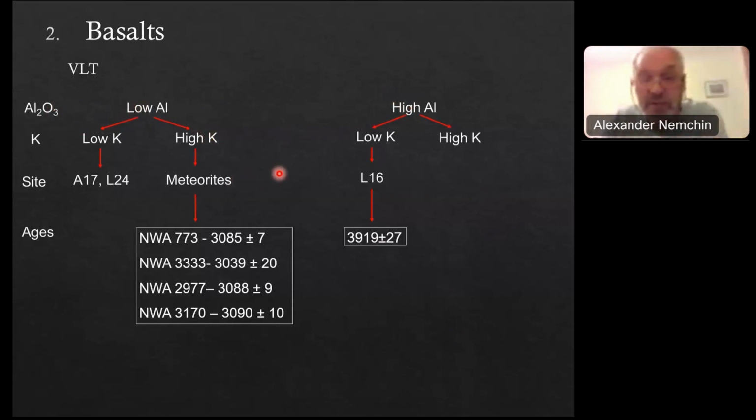We don't have a lot of VLT basalts except the one I showed a minute ago from Luna 16, but some of these meteorites probably fall into VLT groups. It looks like we're getting reasonably consistent ages when we're analyzing similar materials.